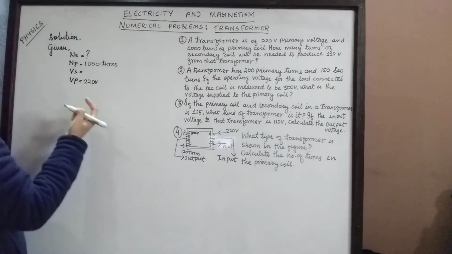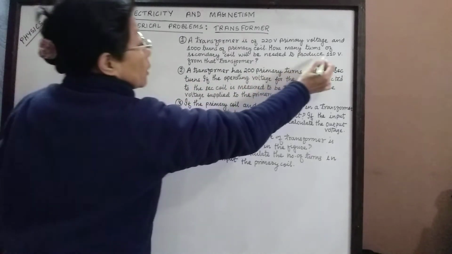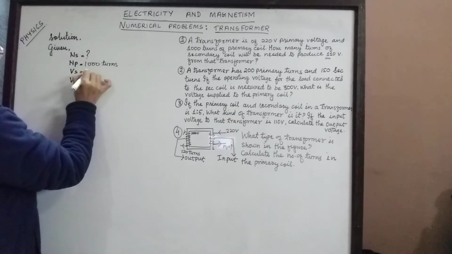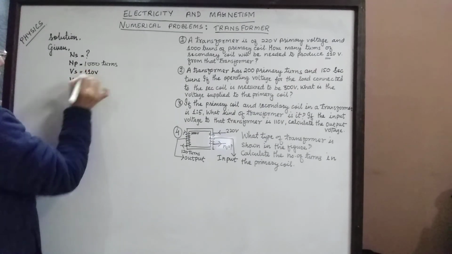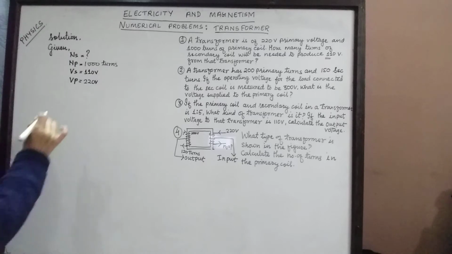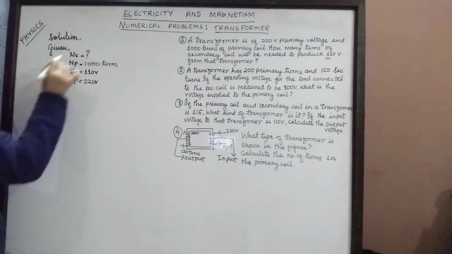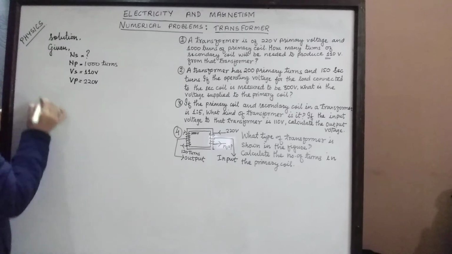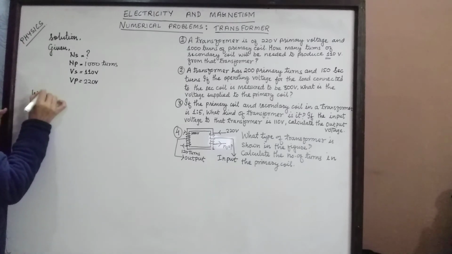So output voltage. Voltage in the secondary coil is 110 volt, means this one, 110 volt is the output voltage. Voltage in the secondary coil. So now you have to find out number of turns in the secondary coil. NS is what? We know the formula.